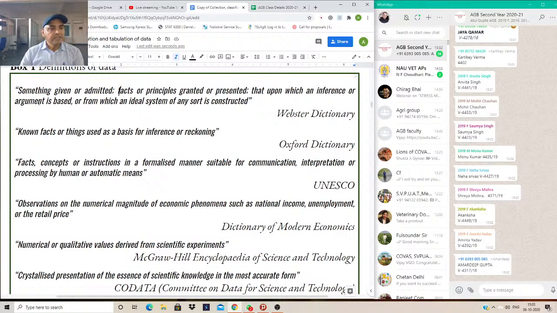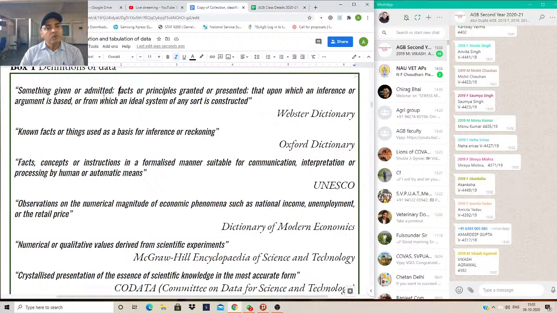Webster Dictionary says: something given or admitted constituting a fact or principle, granted or presented, that upon which an inference or argument is based. Ultimately we are going to take out the inference out of it.